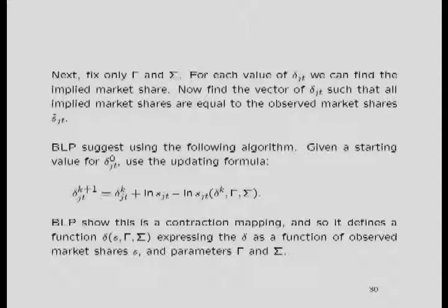Just counting, we have exactly one delta_jt for each market share, so you have the same number of parameters as equations you're trying to fix. In fact, from the structure of this problem, it's a very well-defined problem, and you're always going to be able to find a set of delta_jts that fit exactly the market shares.